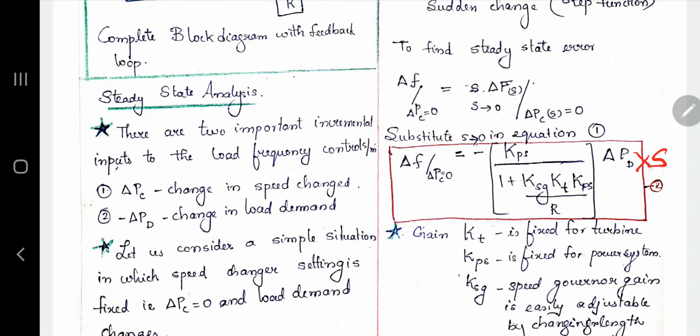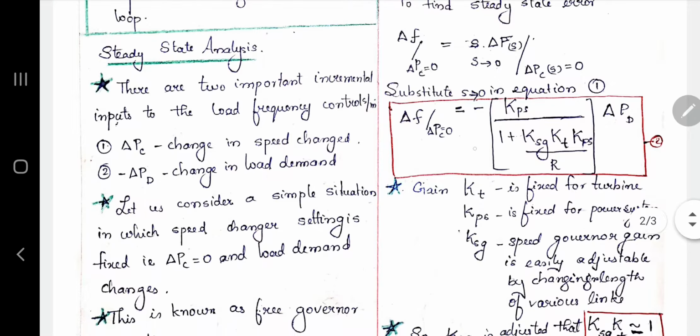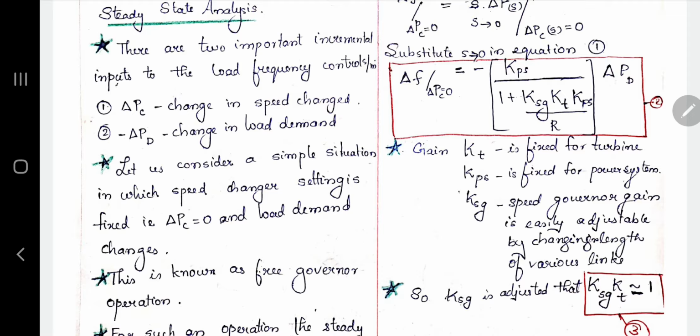So multiplying this one with s, what will happen? This s and s will be cancelled, and in the remaining terms you can substitute s tends to 0. So we will be obtaining delta f. We will be substituting the value and we can find the steady state error as equation number 2.